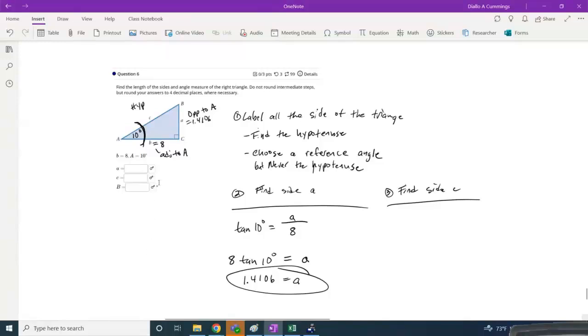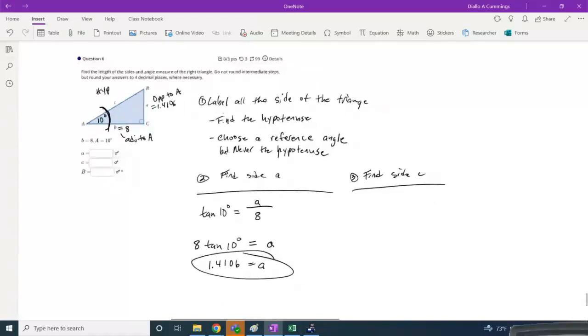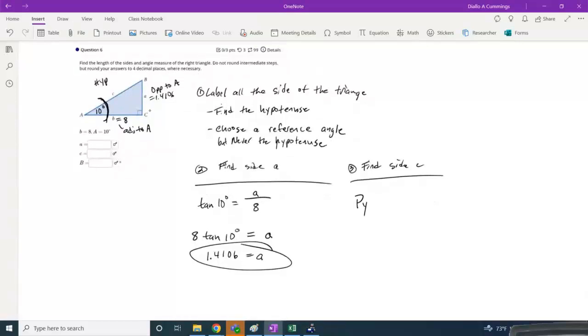Well, if I have a right triangle, and if I have 2 sides for that triangle, I can find the third side by using the Pythagorean theorem. So I'm going to do it both ways. I'm going to set up another trig function. I'm going to also use the Pythagorean theorem. So this will be the Pythagorean theorem, and this is what you should do.